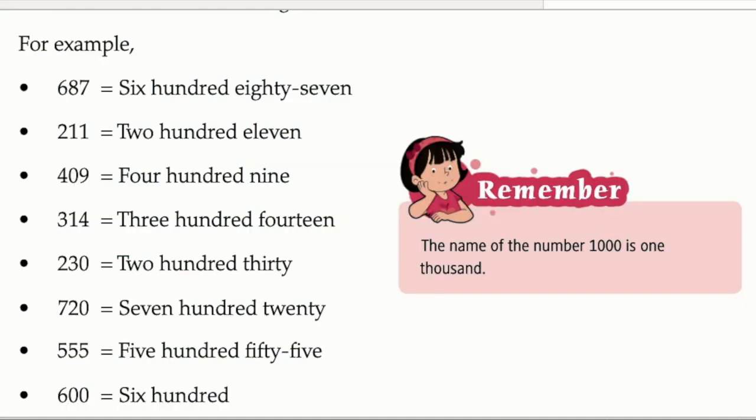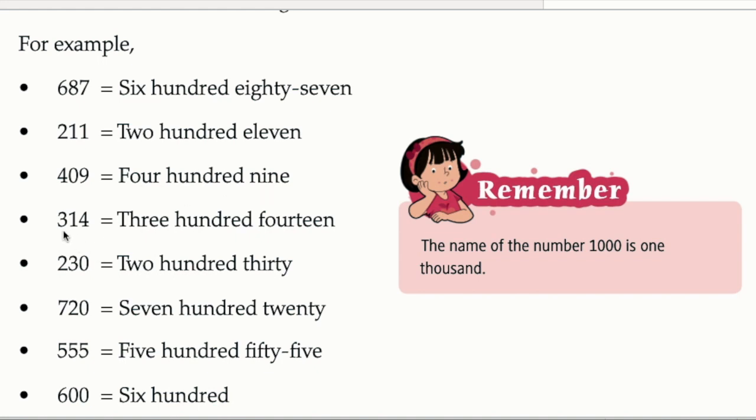Next we have 409. So 4 is in hundreds place, so we are writing FOUR. The place value of 4 is hundred, so we are writing HUNDRED. After hundred, in tens place we have 0, so we are not writing anything, and in ones place we have 9, so we are writing NINE. So together we can write it as FOUR HUNDRED NINE.